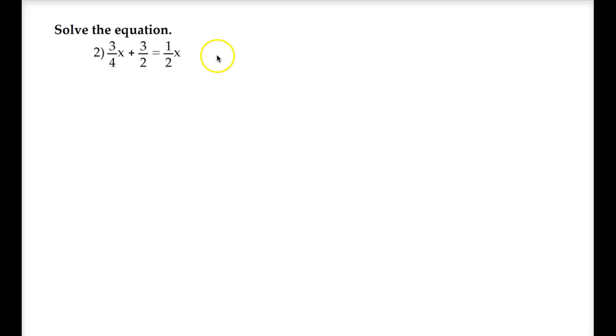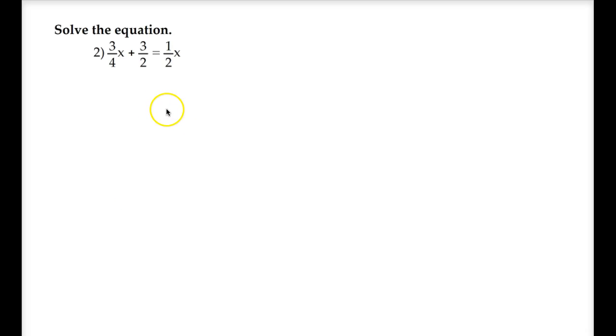All right, so for question number 2, we're asked to solve this linear equation. And if you notice, this linear equation has fractions. And so I'm actually going to do this 2 ways. The first way that I'm going to do it is by finding the lowest common denominator, which in this case would be 4, between the denominators 4 and 2, multiplying both sides by the common denominator to get rid of the fractions, and then from that point solving it like it's a linear equation.